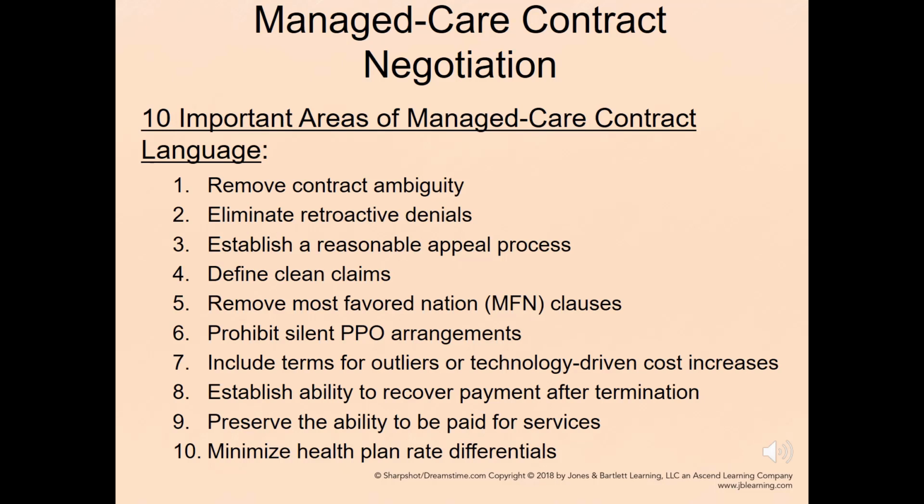Include terms for outliers or technology-driven cost increases, establish the ability to recover payment after termination, preserve the ability to be paid for services, and minimize health plan rate differentials.